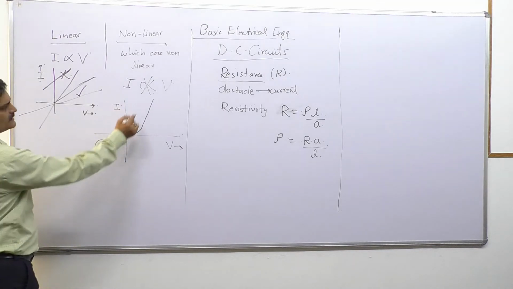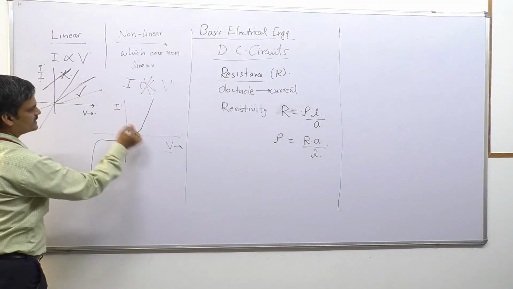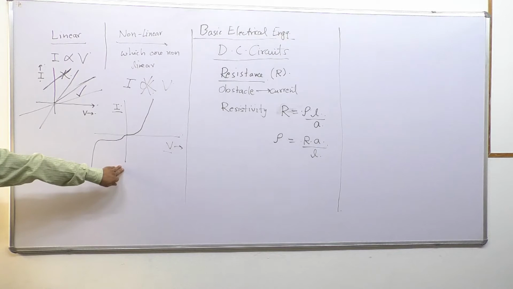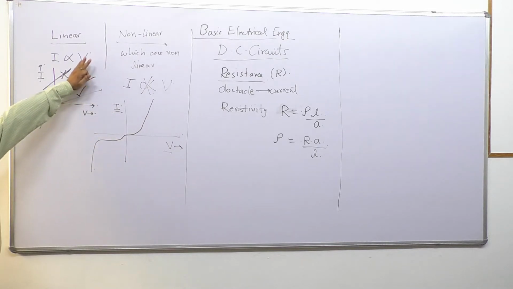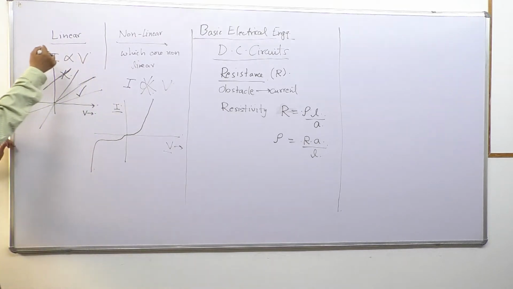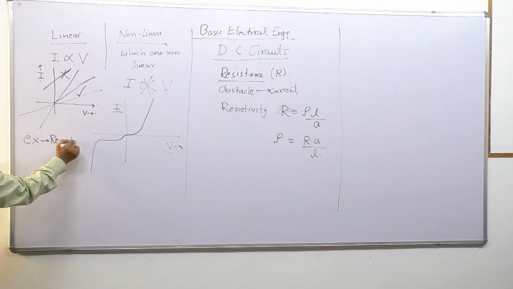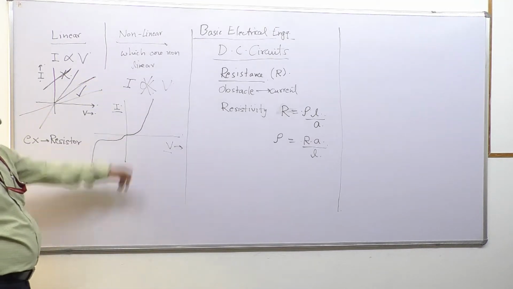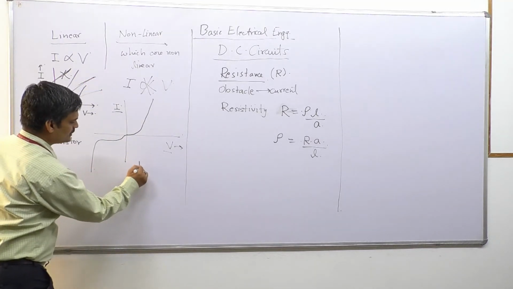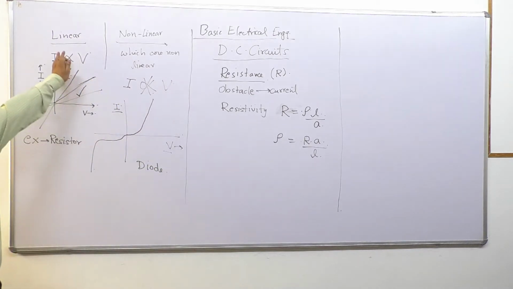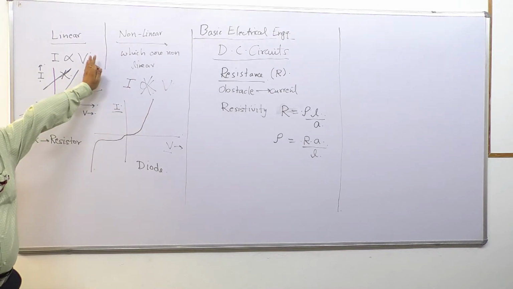So we can easily see that this relationship between voltage and current is not in the form of a straight line. So this characteristic is defined for a non-linear kind of element. So we now have examples also with us. For the linear element, the example is a resistor. In case of non-linear elements, the example is a diode. So this is the basic difference between linear and non-linear elements.